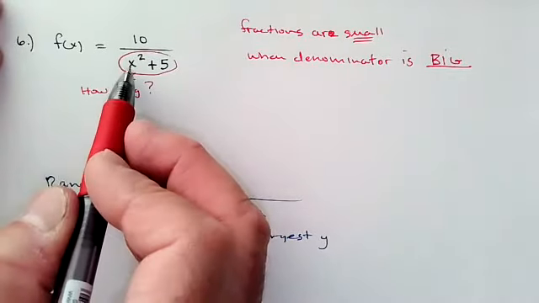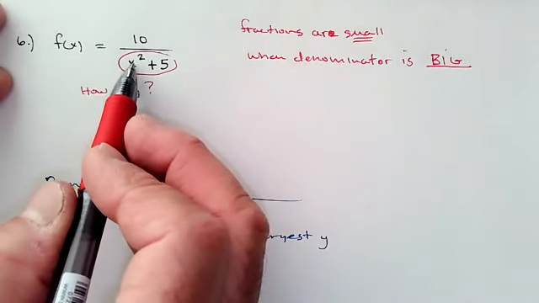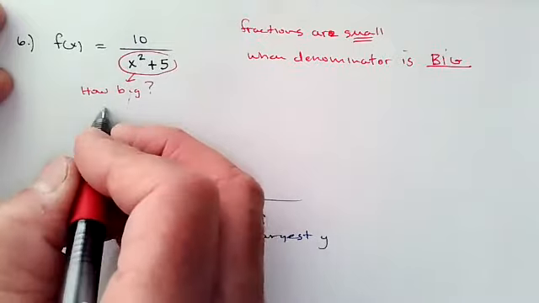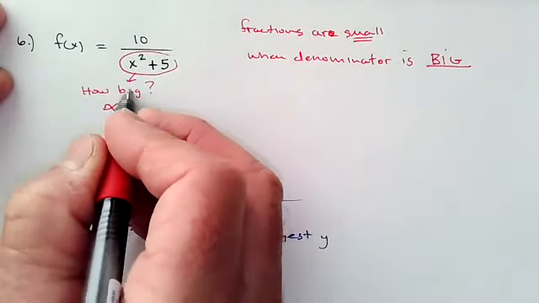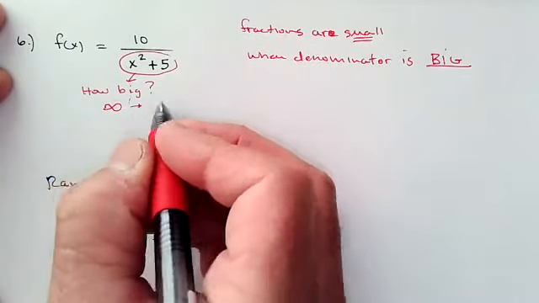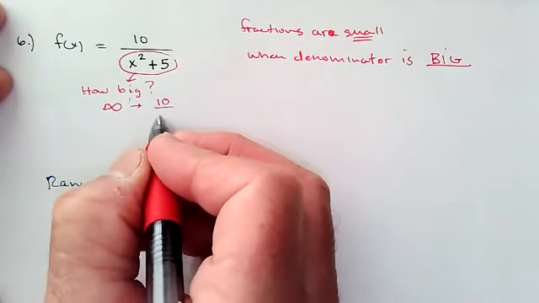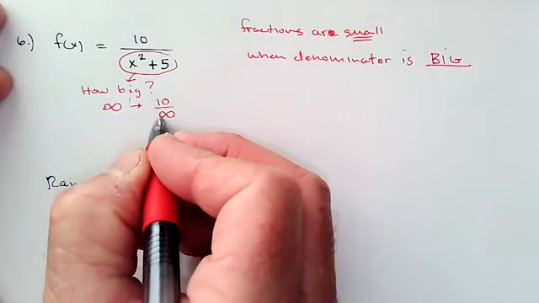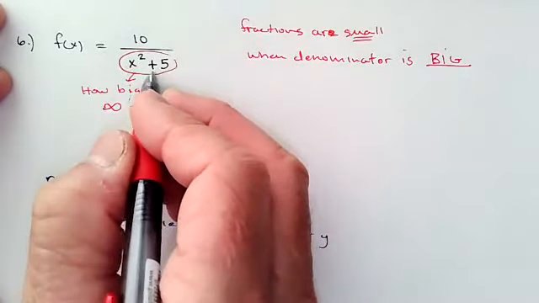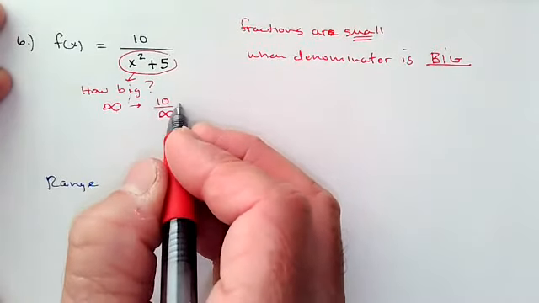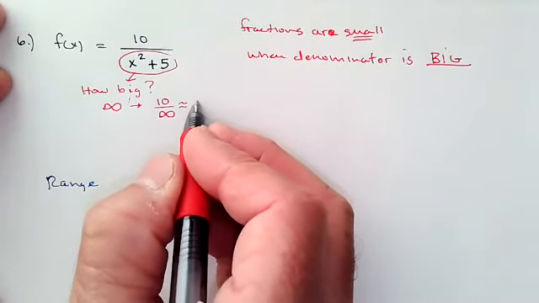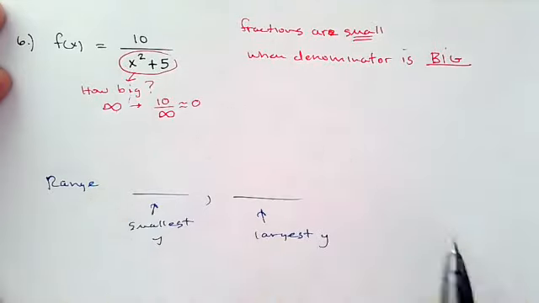Well, hopefully you see that if I plug in a really, really big number, an infinitely large number, square it and add 5, the denominator could get infinitely big, right? So then the question is, what would happen to 10 over a really, really giant number? Because it's the denominator that's getting big, do you agree that that's going to get really, really small? It's going to be approximately 0. Think about it.